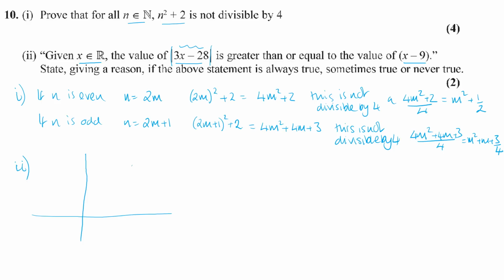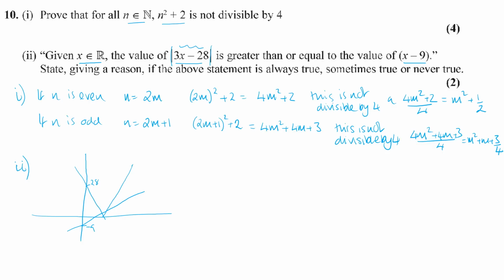So it's going to be gradient 3, it's going to come down, it would continue on and go through minus 28, but then the mod just means it would be reflected and it would come up here at 28. And then the graph of x minus 9, well, that's not got any mod lines, that's just the graph, and it would go through at minus 9. It wouldn't be as steep, but it would go through something like that.